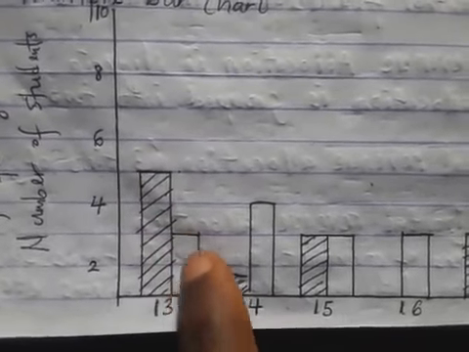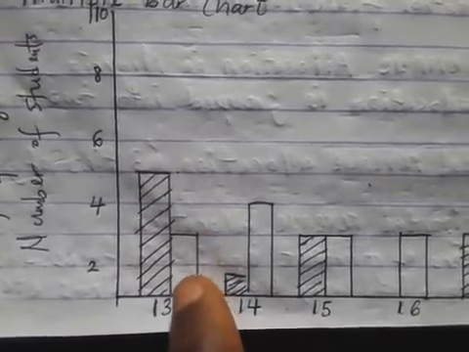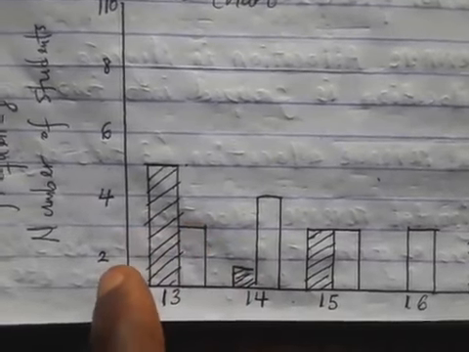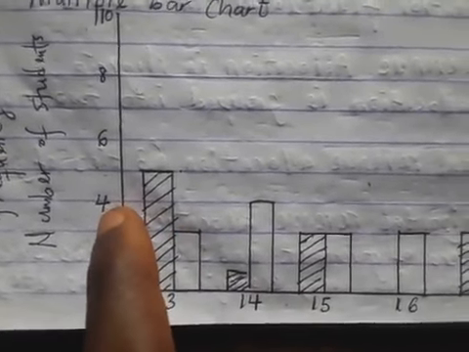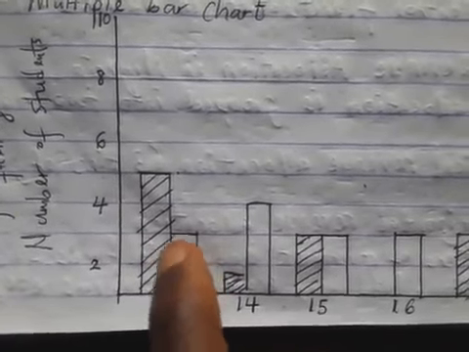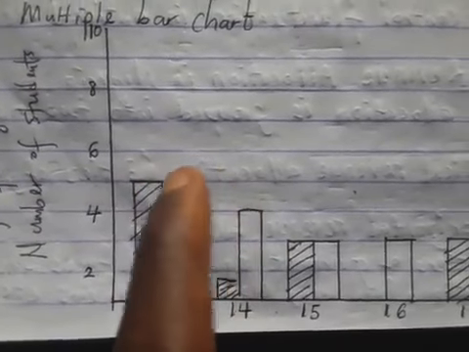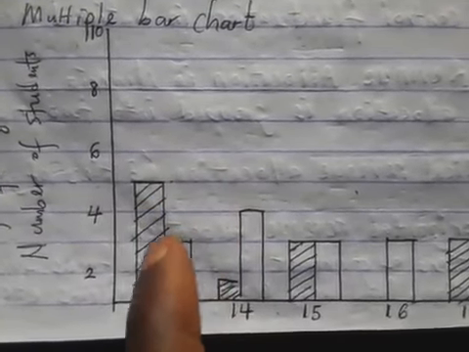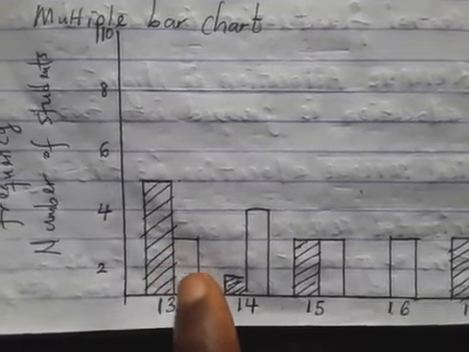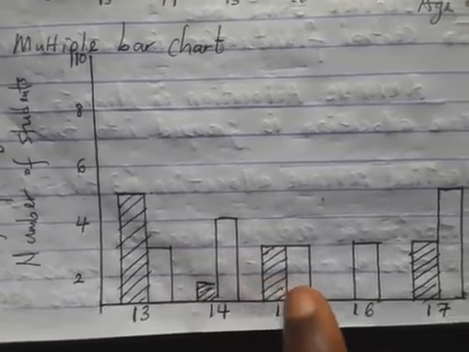And this one that is not shaded belongs to the girls, which is 3, standing on its own, in between 2 and 4. You can see that they are separate on their own. They are not on top of each other. It's not a component bar chart. It is a multiple bar chart.